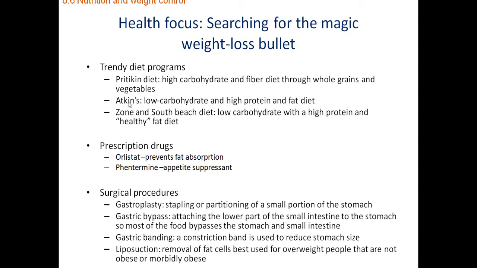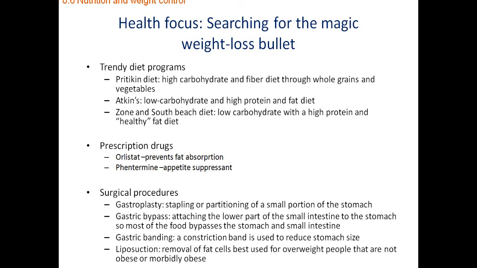The Atkins diet is the opposite of the Pritikin. It's low carbs, but high protein and high fat. The Atkins diet is really hard on the body because we do need carbohydrates. You kind of have to take everything in moderation and exercise. A lot of these can be hard on your body.